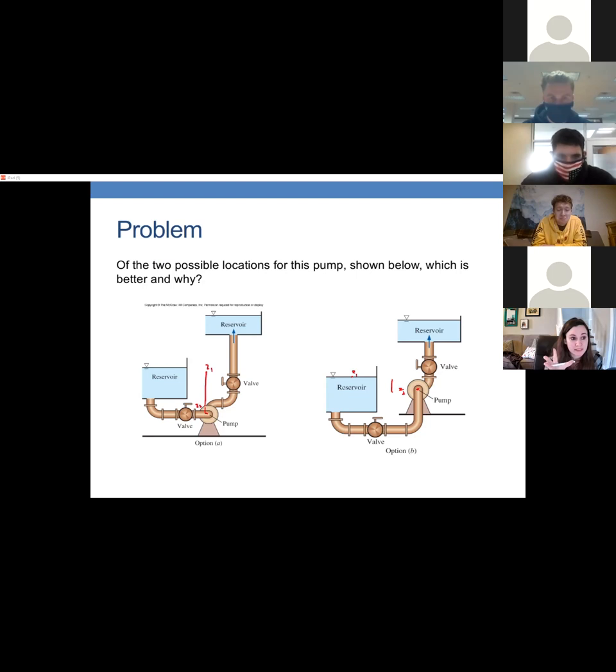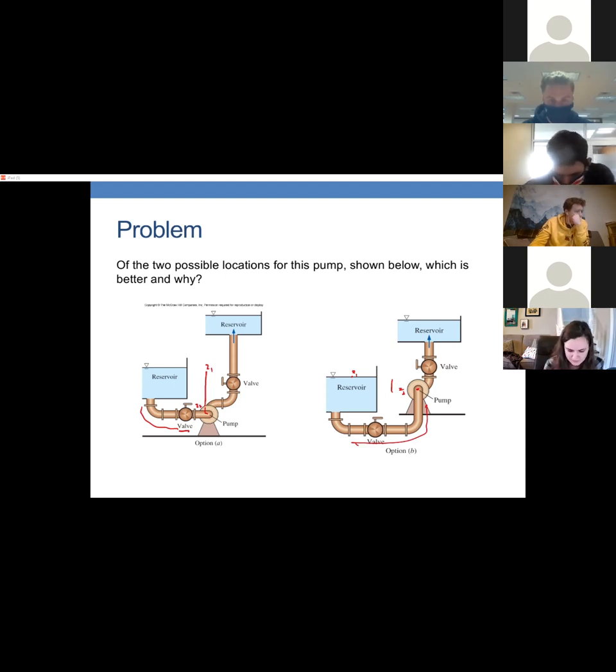Another reason, so that's the big reason. Another reason is, notice that there's a shorter amount of pipe before the pump here than here. What does that shorter amount of pipe do for us? Less head loss. Yeah, shorter pipe leads to less major losses.